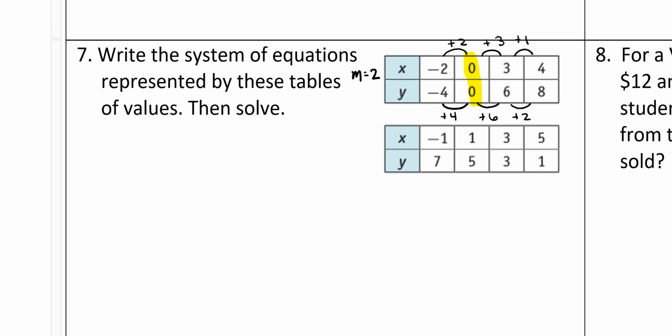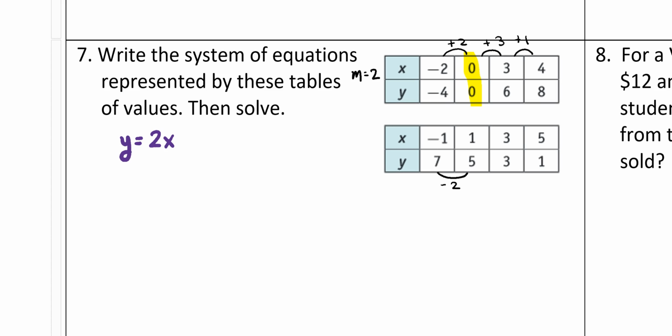So what that means is our first line that we're going to write is y equals 2x. And if you want to put plus 0, you can, but the y-intercept is 0, so we really don't need to do that. Okay, so for the second line, I'm going to erase this stuff right here so I can work with it. We can't see our y-intercept, so we're going to have to pick a point, but we can see our slope.